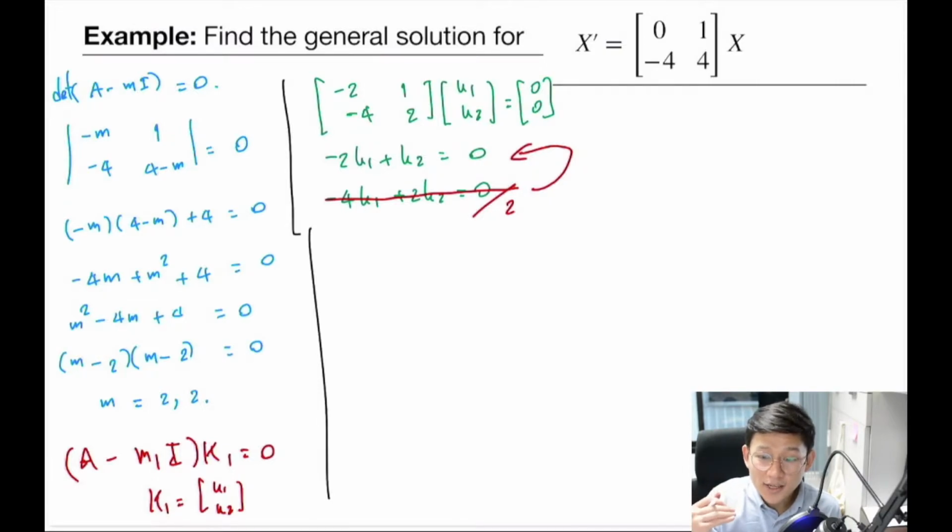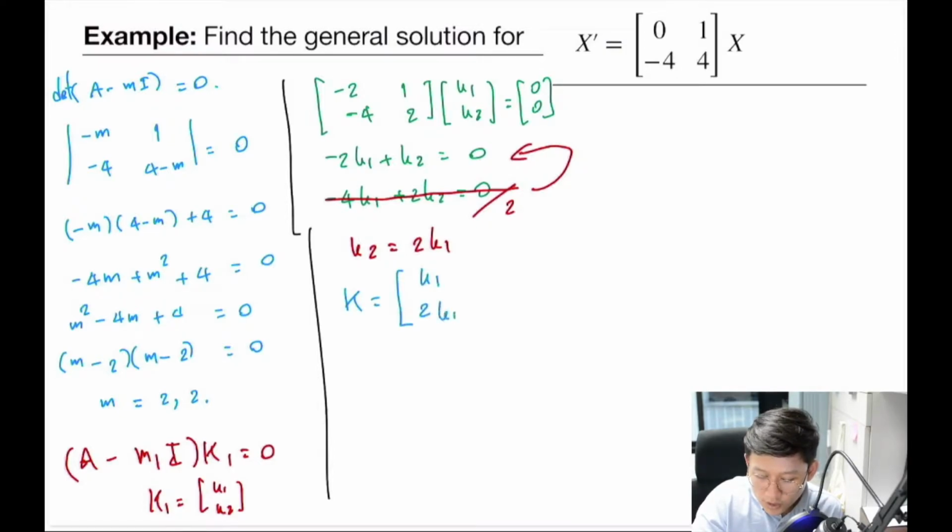And as you can see, we can write k2 in terms of k1. K2 is actually 2k1. So we have that k is actually k1 and 2k1. Because k is k1 and k2, but k2 is 2k1.